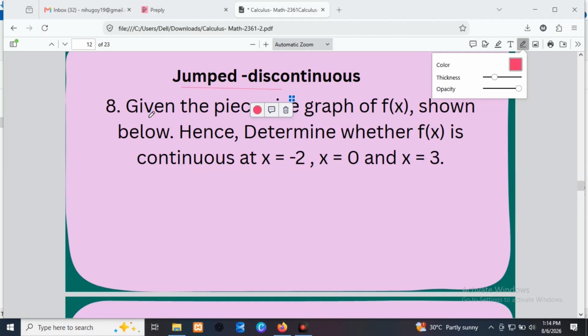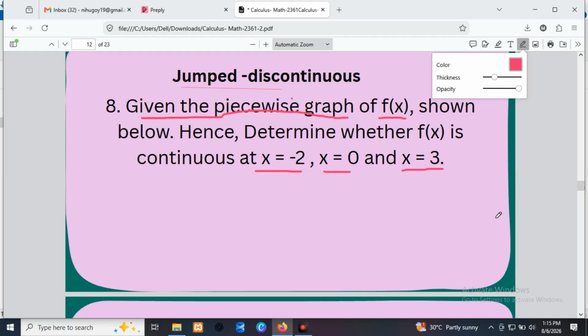The question says: given the piecewise graph of f of x as shown below, determine whether the function f of x is continuous at x equals -2, x equals 0, and x equals 3.